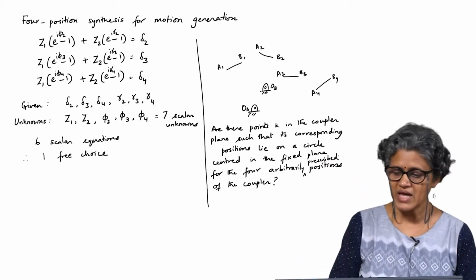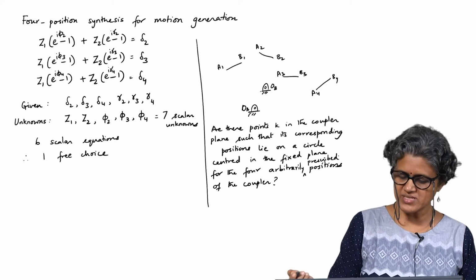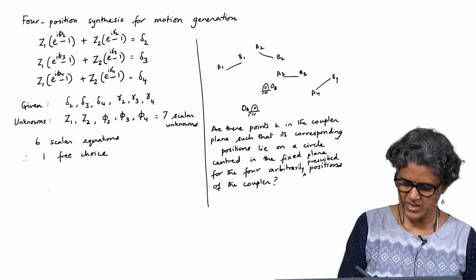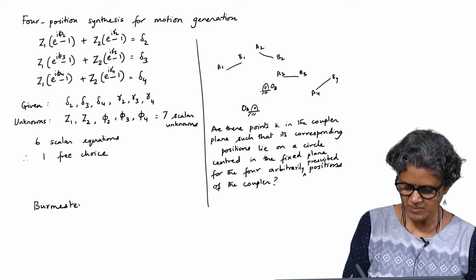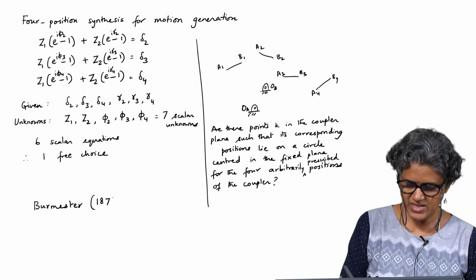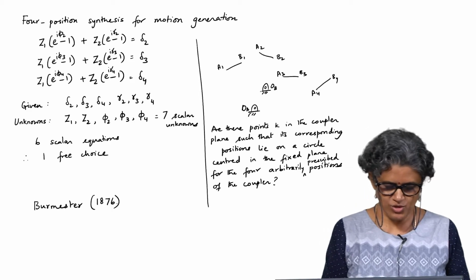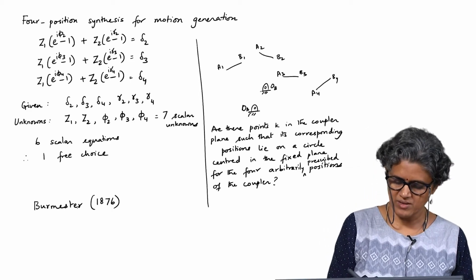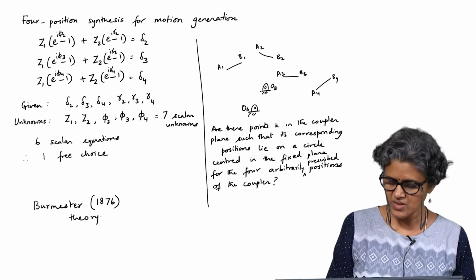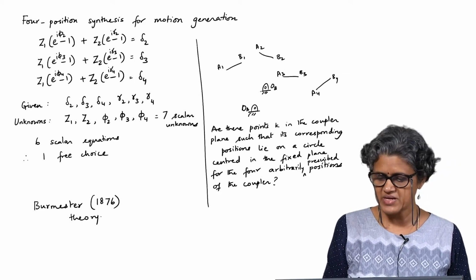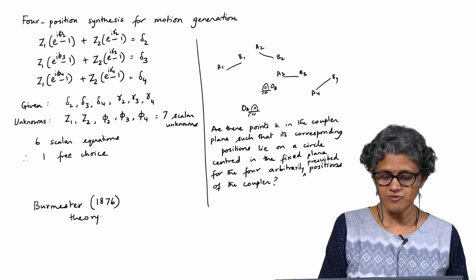That is the task that we have. This question was asked by Burmester. This theory is called Burmester theory, proposed in 1876, which basically deals with the 4 position problem of motion generation.